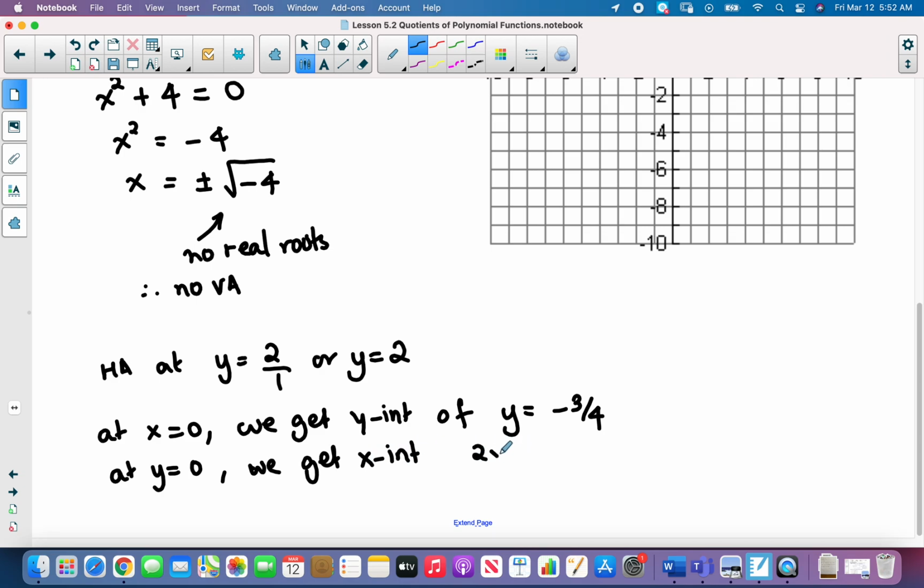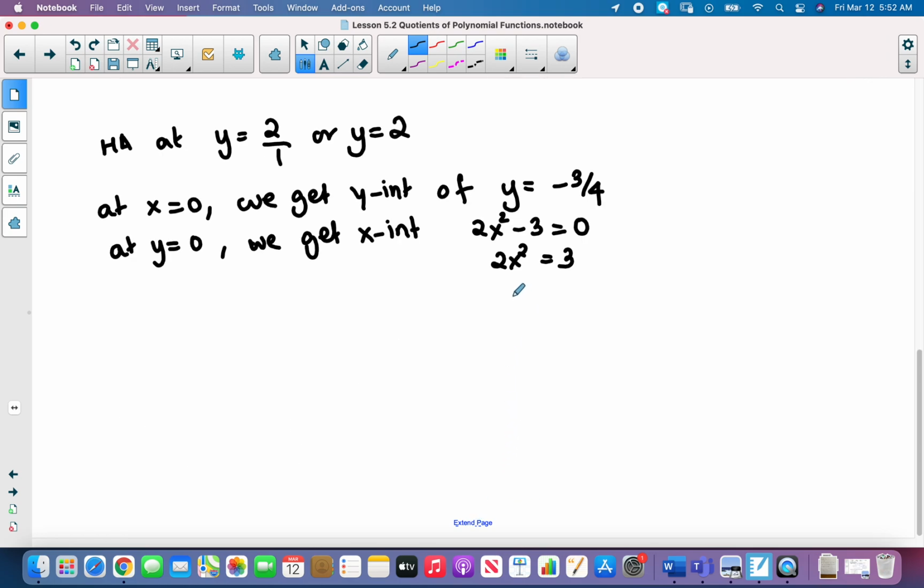So we do 2x squared minus 3 equals 0. 2x squared equals 3. x squared equals 3 divided by 2, which is 1.5. So x equals plus or minus the square root of 1.5.